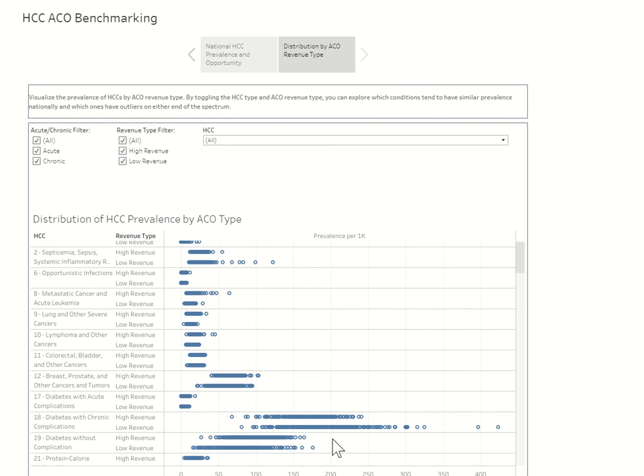On the other side, diabetes without complications also has a very wide distribution, but high revenue ACOs tend to have a little bit higher prevalence of that HCC. So we can understand a little bit about how different populations are behaving based on their ACO type.